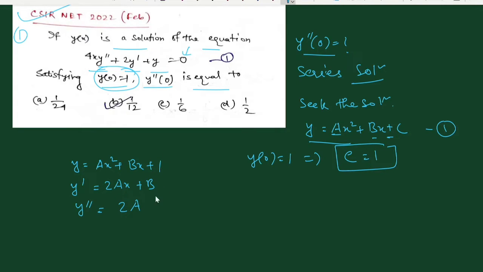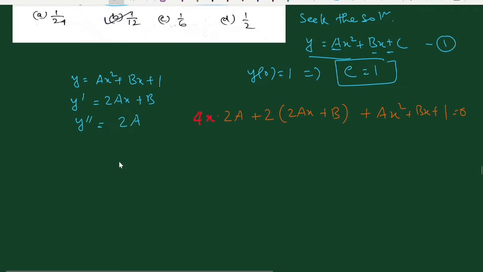We have 4x times y'', which is 2a, plus 2y', which is 2(2ax + b), plus y, which is ax² + bx + 1. This is equal to 0.